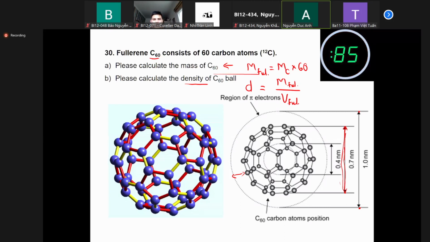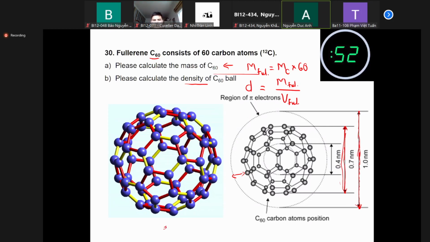In that case, we consider the region of pi electrons to be the diameter of the fullerene. From my point of view, we will take the value of 1 nanometer for the diameter of fullerene.